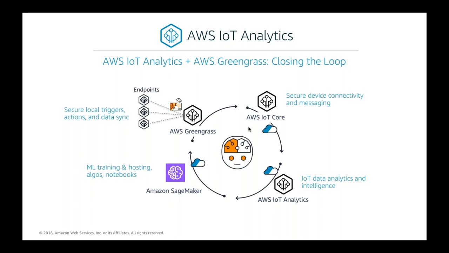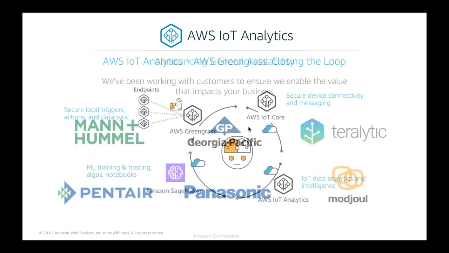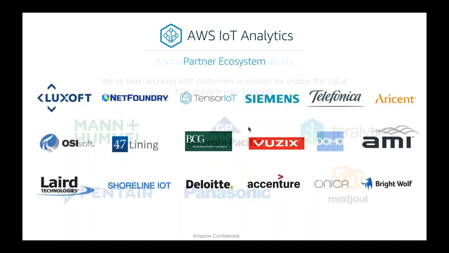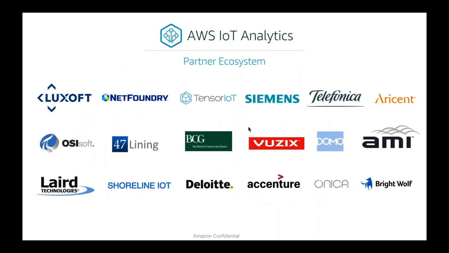So before jumping to the demo, just to also very quickly mention that the service is now generally available from last week. We have some customers already using the service, as well as quite a wide partner ecosystem, partners who are providing services and solutions around IoT Analytics and other AWS services as well.